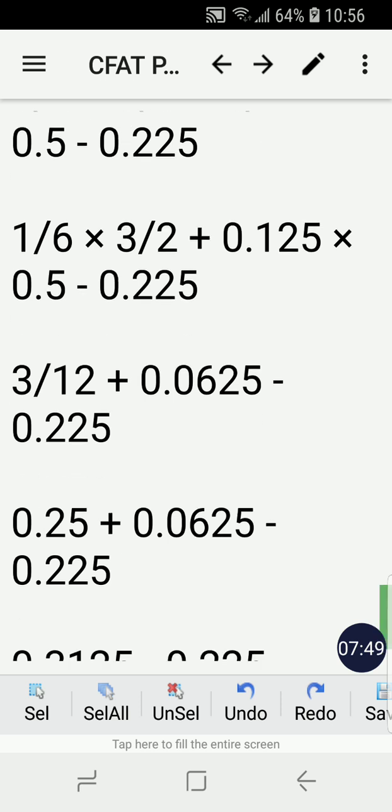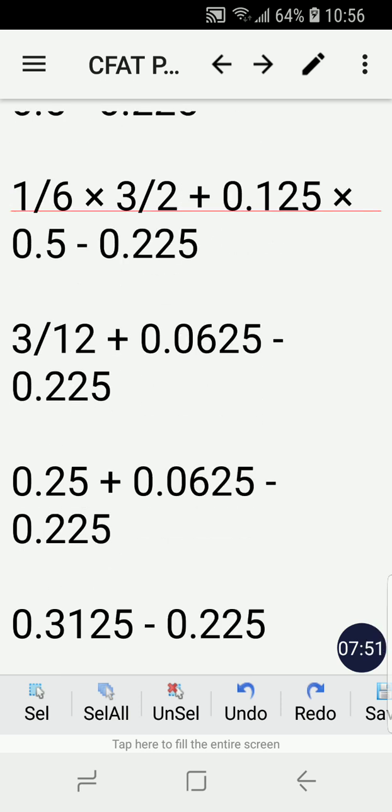So we simplify now the fraction. 1/6 times 3/2 is equal to 3/12. And 0.125 times 0.5 is equal to 0.0625. Still copy the 0.225.